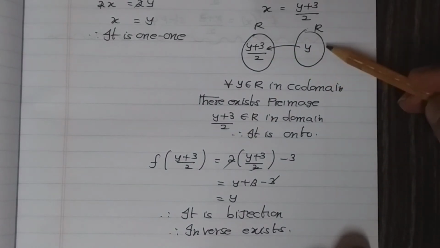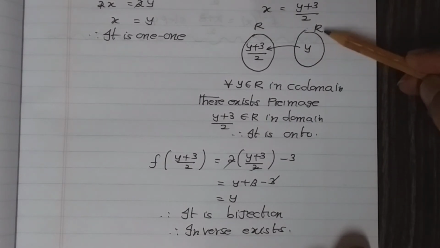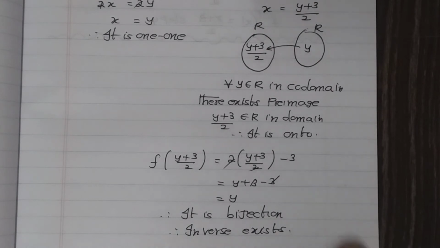Suppose I take 1 by 2 plus 3 by 2, we will get some answer. That means for every y belongs to R in codomain, there exists a pre-image. What I told, onto means you must check whether all the elements in the codomain possess a pre-image in the domain or not. So they possess a pre-image in domain.